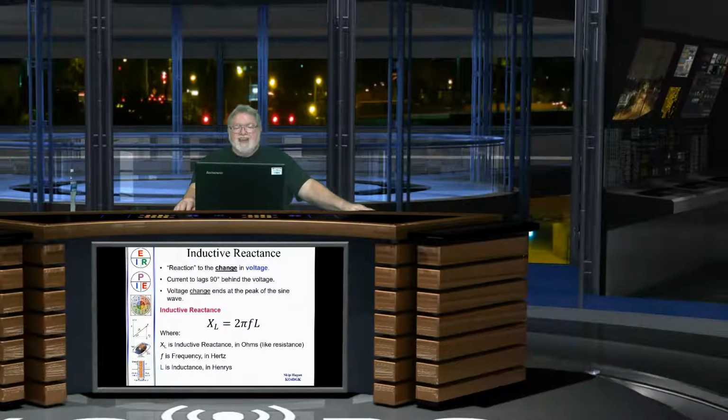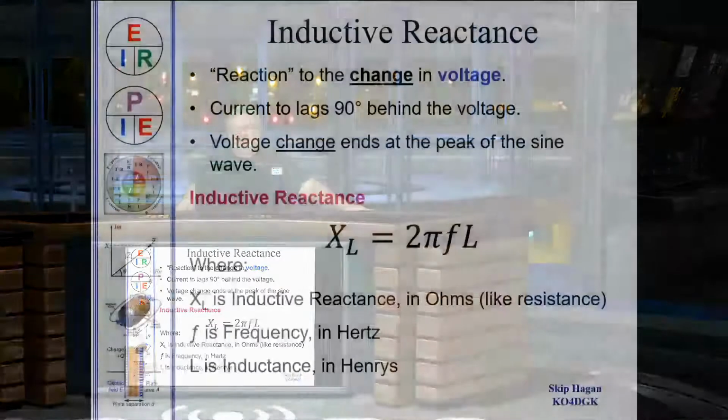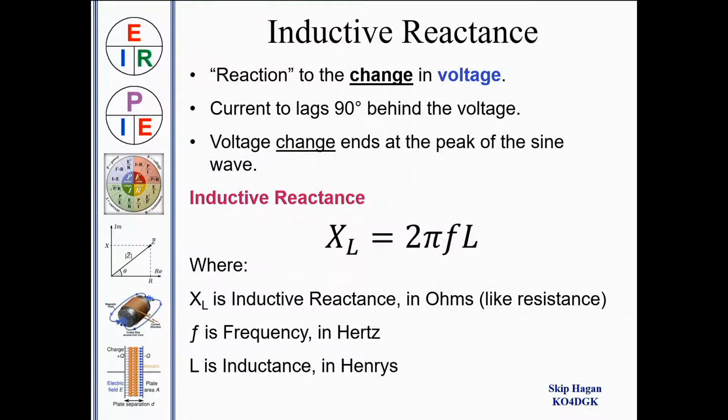Now, we use X to represent reactance. In this case, we're using the subscript L for inductance. So this is inductive reactance. And the formula is X_L = 2πfL: 2 pi times the frequency times the inductance in henries.